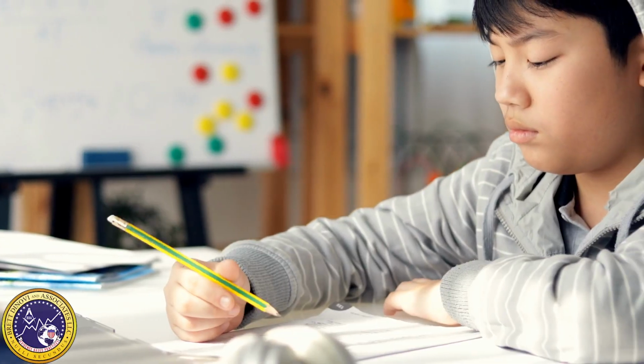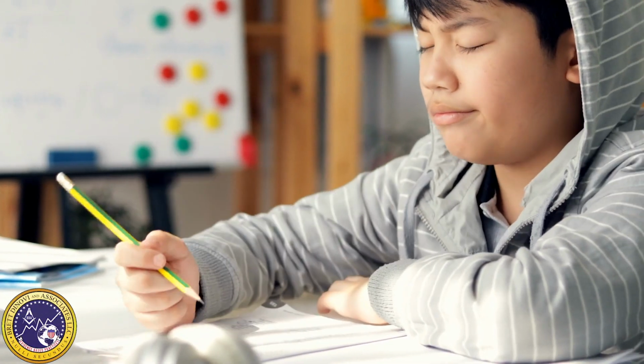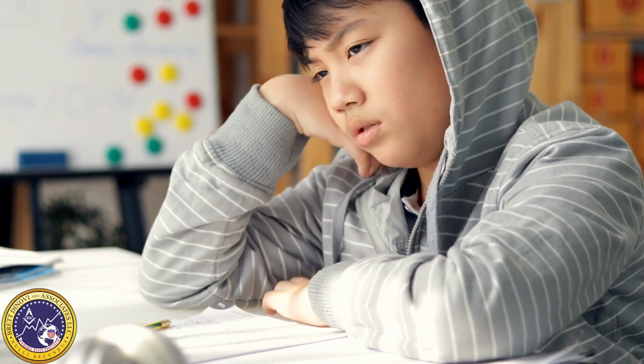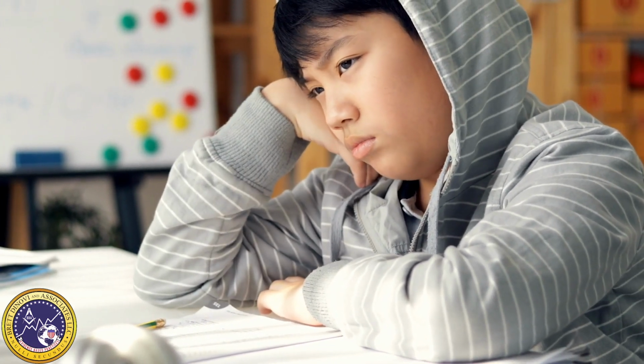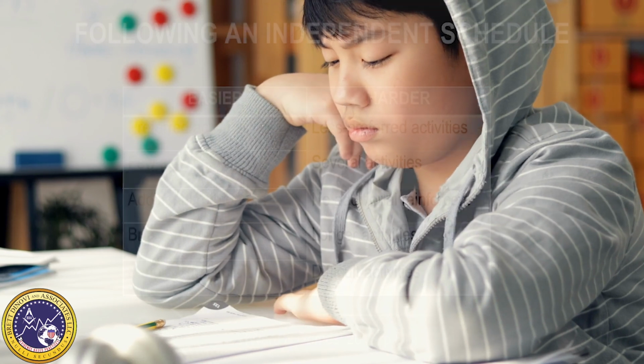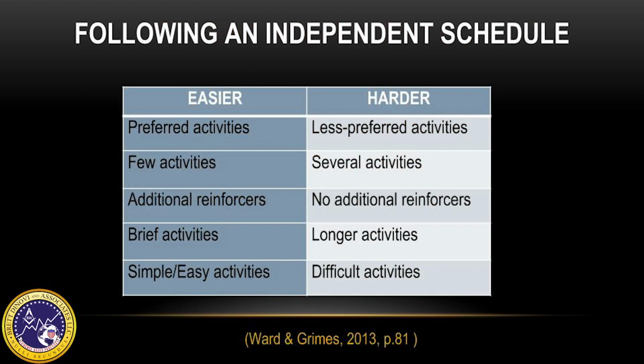Using less preferred activities, using several activities, refraining from using additional reinforcers, including longer activities, and including difficult activities may be listed under the Harder column of the dimension grid.